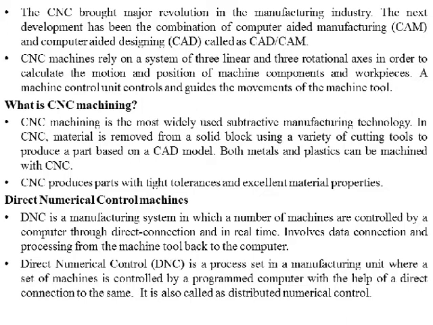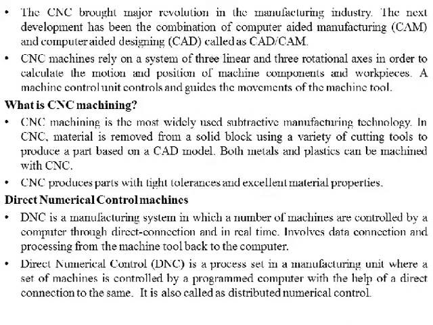It is a manufacturing system in which a number of machines are there, and these machines are controlled by a computer through direct connection and in real time. DNC machines involve data connection and processing from the machine tool and back to the computer.